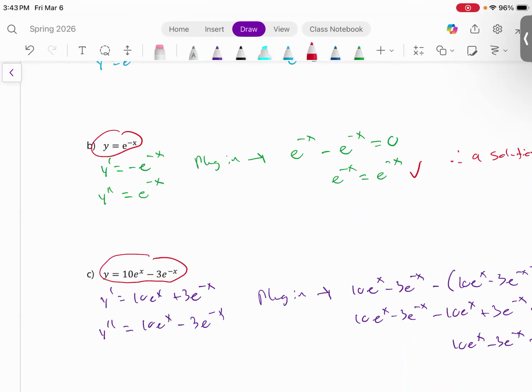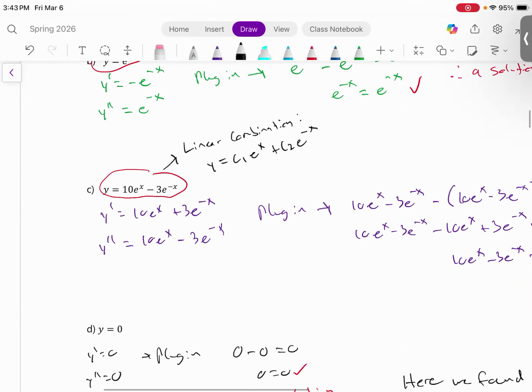But in reality, this solution from example C is actually what's called a linear combination of the two solutions from A and B. This is a solution of the form of some constant c1, akin to the constant 10, times e to the x, plus c2 times e to the negative x. It's just a linear combination of the two solutions from A and B. So it's not really a third new solution, it's just a combination of the two solutions that we know.